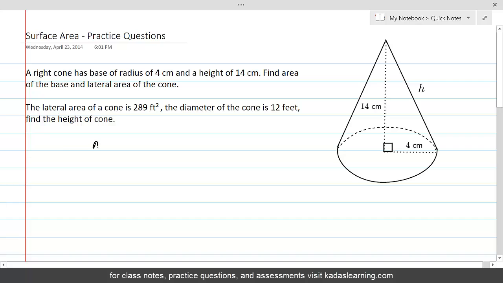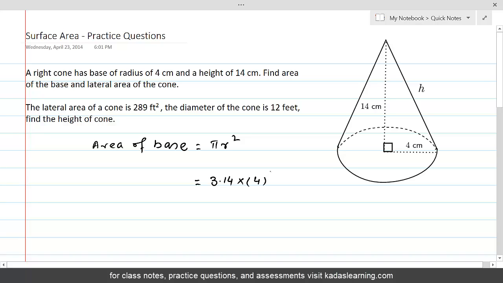Area of base is equal to pi r square because the base of the cone is a circle. Therefore, we substitute the value for pi, that is 3.14, and the radius is given, this is 4 cm.